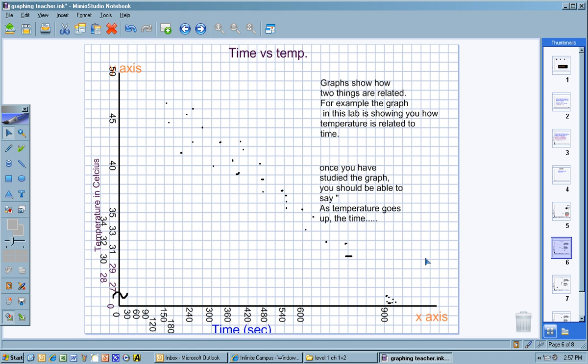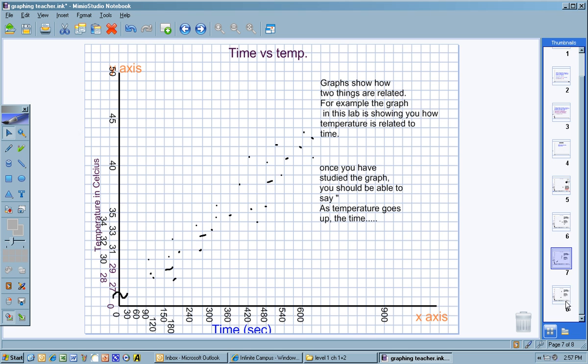When you're done with the graph, it'll look something like this, or like that, or like that. So you need to know what this actually means. The thing with sponge animals is that they're not exact.